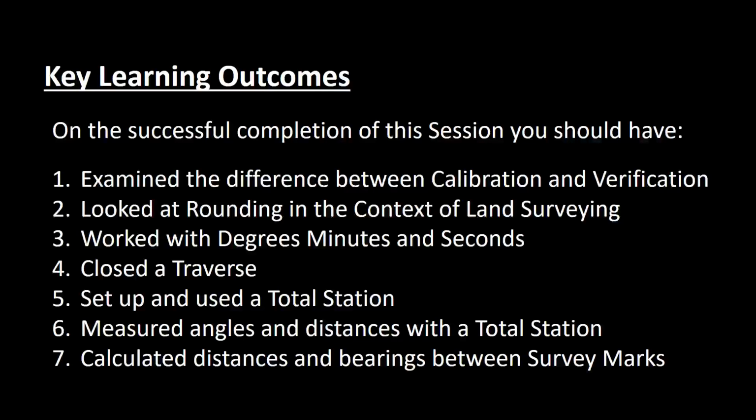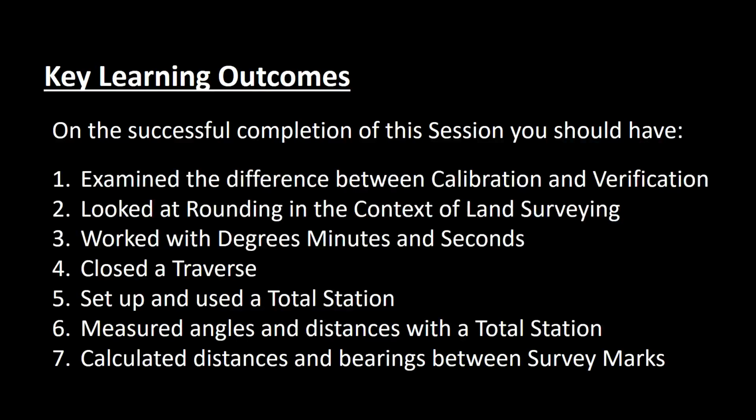You've looked at rounding in the context of land surveying. In land surveying, we don't go down with so much of the mathematical niceties of stating the number of decimal places or how many significant figures. However, it is assumed that if something is shown to 2 significant figures or 2 decimal places or whatever, that is an indication of its accuracy.